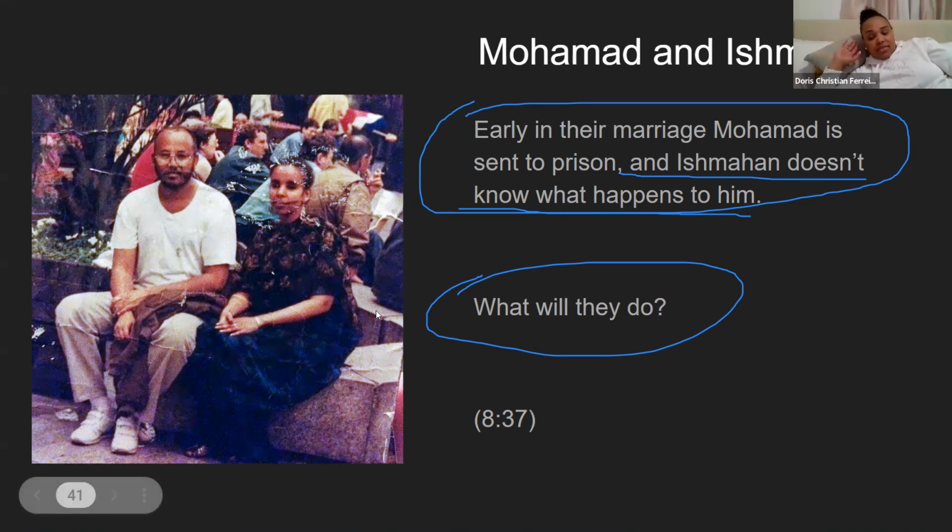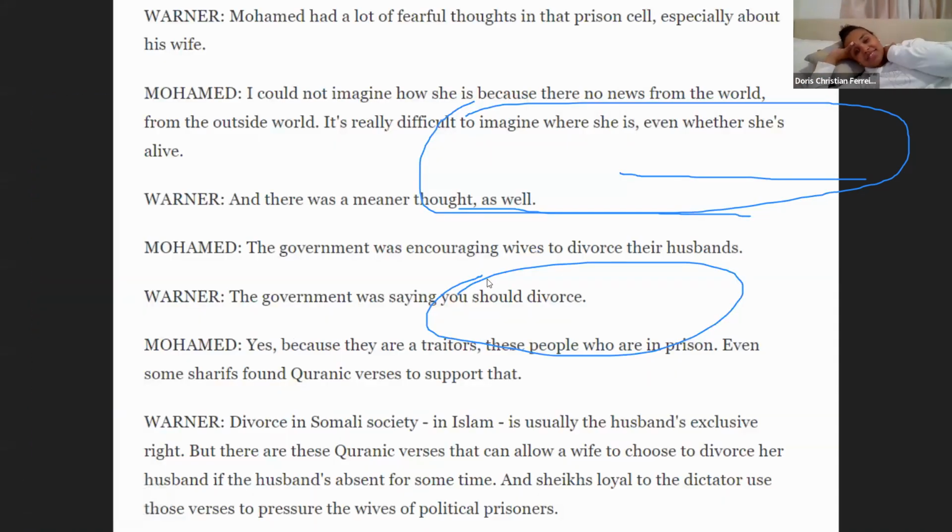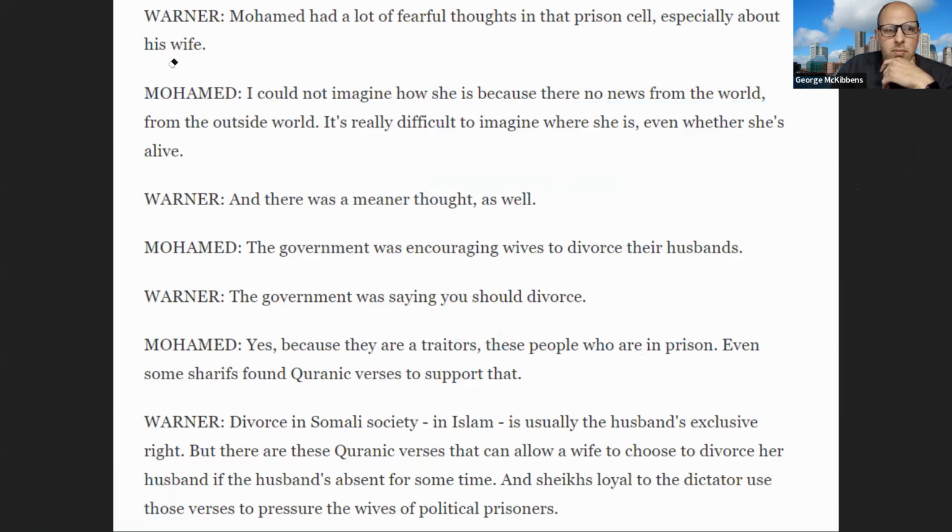And find a way. So I'm going to actually begin tomorrow morning's class looking at this, because it's complicated. We've looked at Muhammad and the doctor, but what about what's going on with Ishmahan? What should Ishmahan do? Let's start thinking about her situation here.